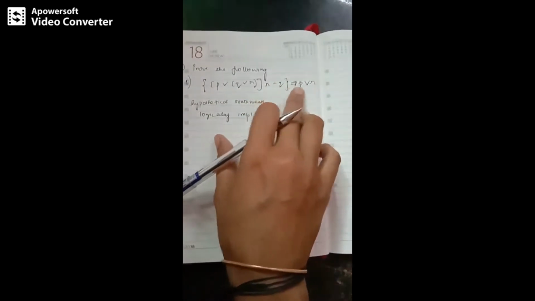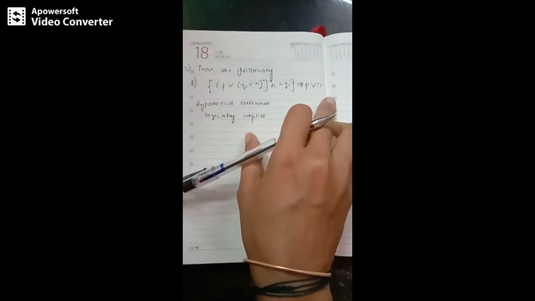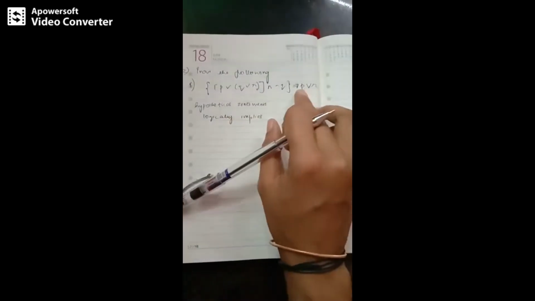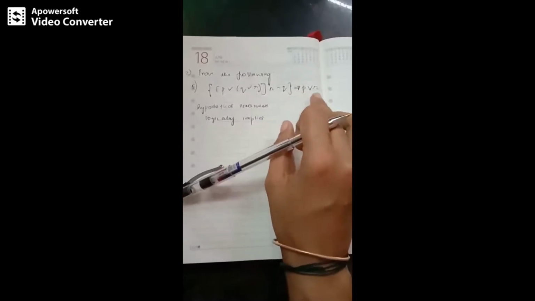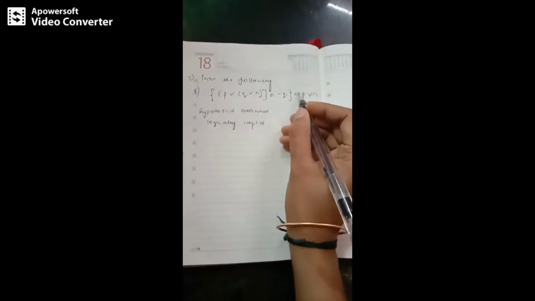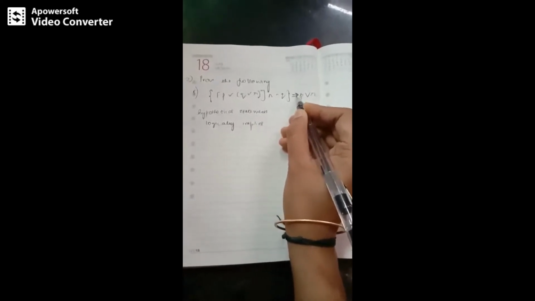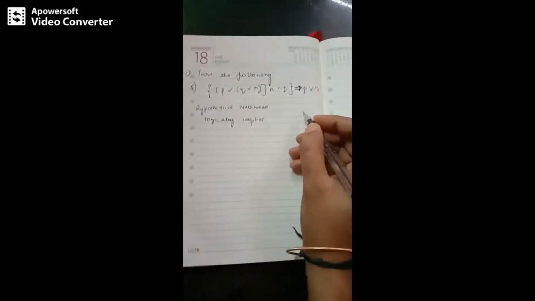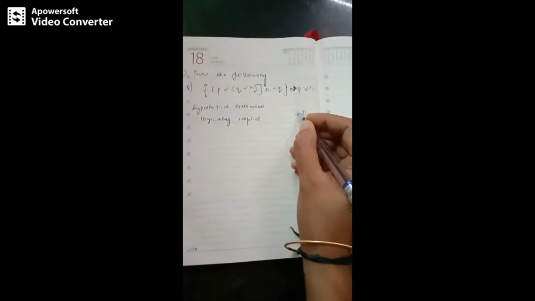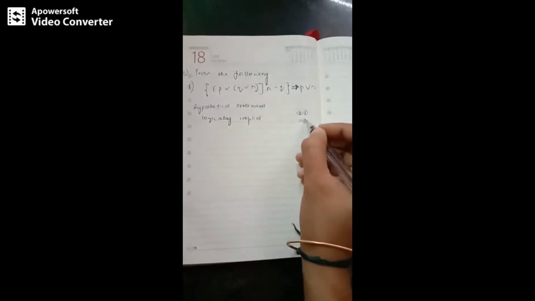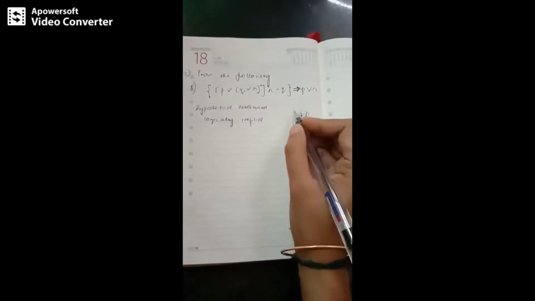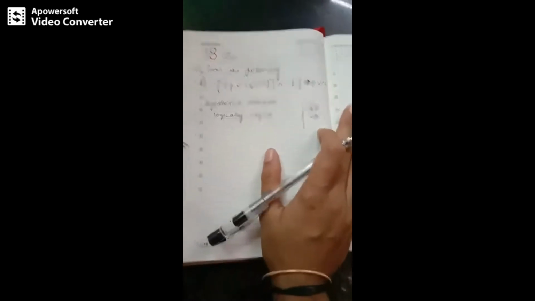It logically implies P or R. So before discussing this, that is logically implies, this symbol tells us logically implies. Whereas this is logically equivalent. This is logically implies this symbol. So you must be very clear about these symbols.